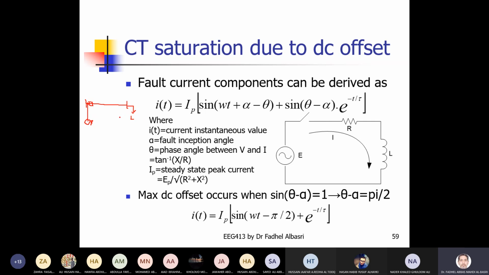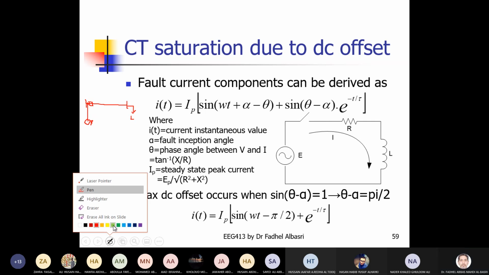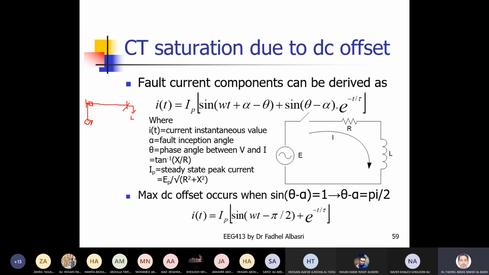Now, if there is a short circuit somewhere, anywhere, a fault, I can model the circuit as a source. This breaker tries to open the circuit by the command from the relay, right?